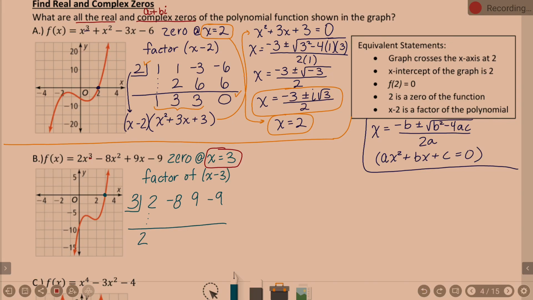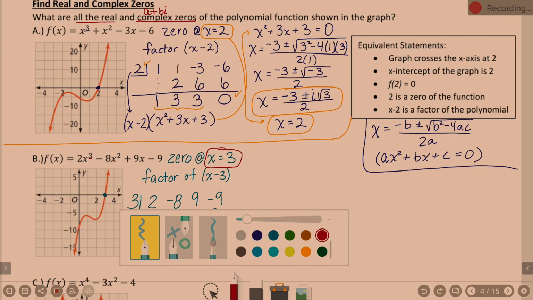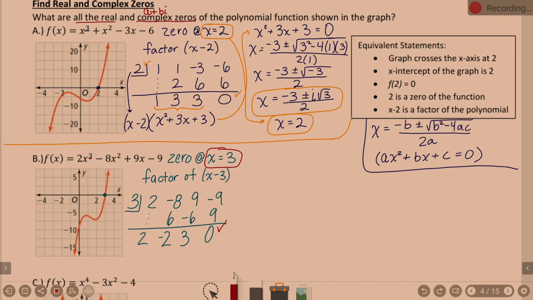Most of you aren't watching me, that's good. 3 times 2 is 6. -8 plus 6? -2. 3 times -2? -6. 9 plus -6? 3. 3 times 3? 9 plus 9? 0. Okay. We expected that 0, didn't we? That remainder tells me I didn't make any mistakes. It tells me 3 works as it looks like it should in the graph.